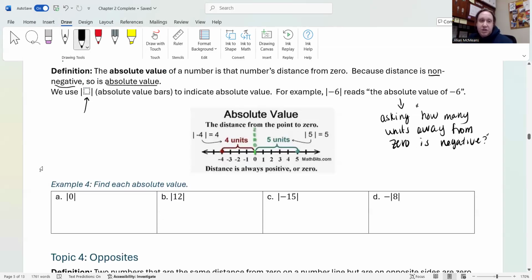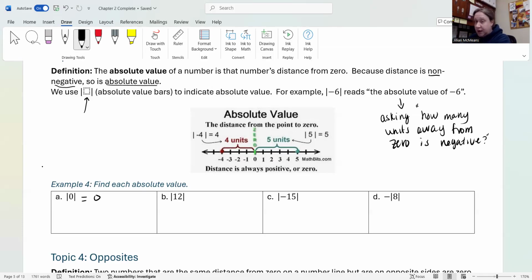Example 4 just says find each absolute value, and we have 4 parts. The first one's a little bit of a trick: the absolute value of zero. How far is zero from zero? It's 0 units away. So the absolute value of zero is 0. Now for part B, the absolute value of 12.